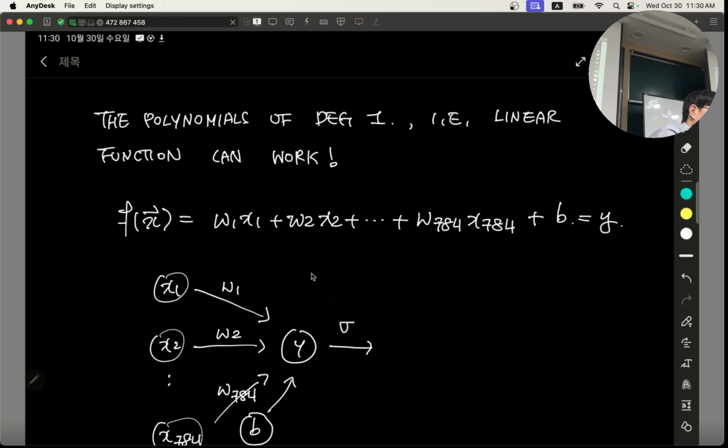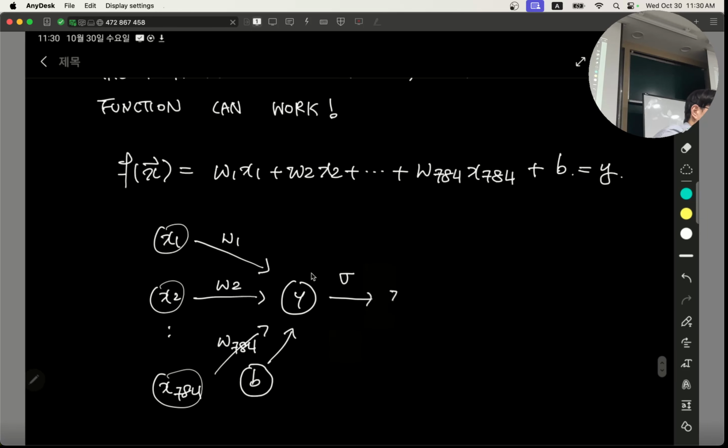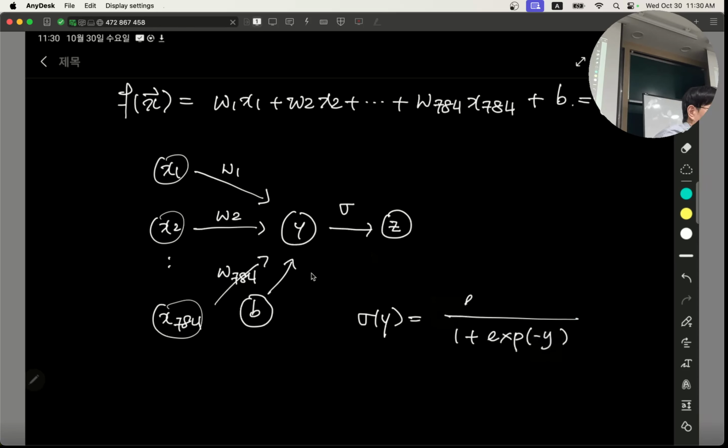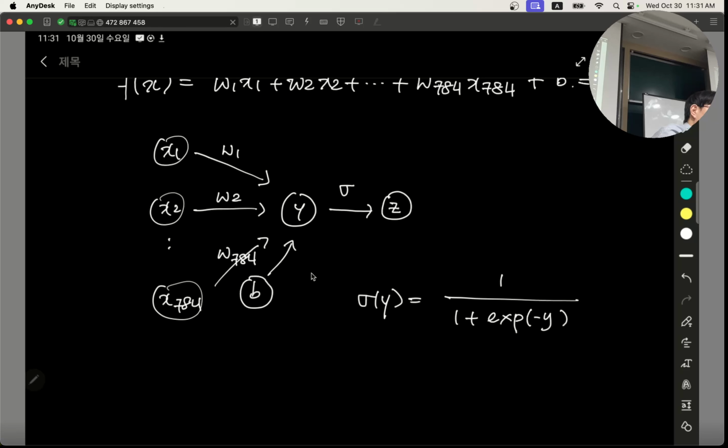So I'm going to introduce another function sigma and then turn that into another neuron here. And what is sigma? Sigma is 1 over 1 plus exponential of minus y. When y is infinite, then it's 1. When y is minus infinite, then it's 0.